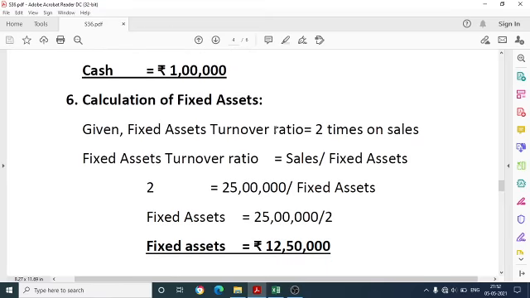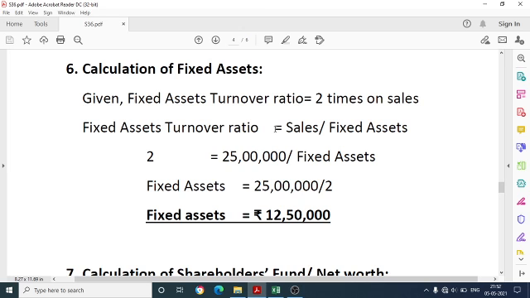Next, calculation of fixed assets will come. Fixed asset turnover ratio can be utilized here, and it is given based on sales. So sales upon fixed assets. Ratio is given 2 times. Sales is 25 lakh upon fixed assets.